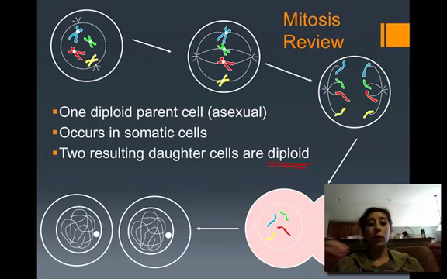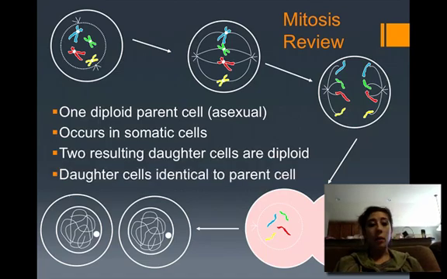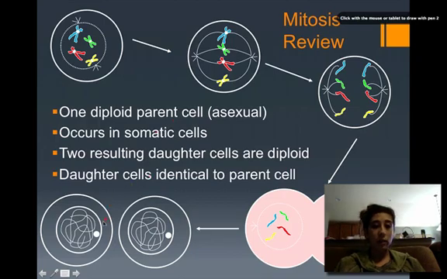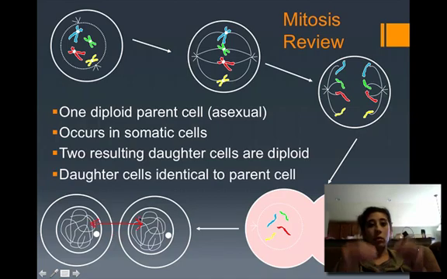So it's always 46 chromosomes that are getting placed inside. But when you look at sperm and egg, it's different. And lastly, the daughter cells are identical to the parent cells because we're not going to see any genetic information getting changed throughout this. It's just replicating and dividing, with no exchange of genetic information.